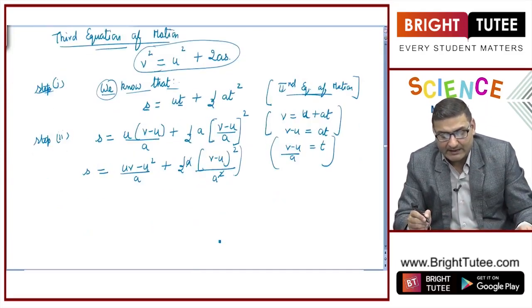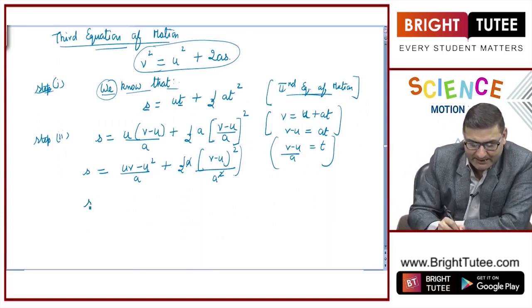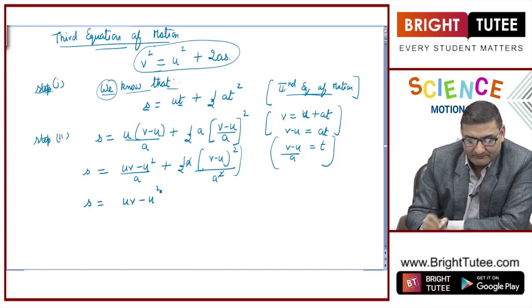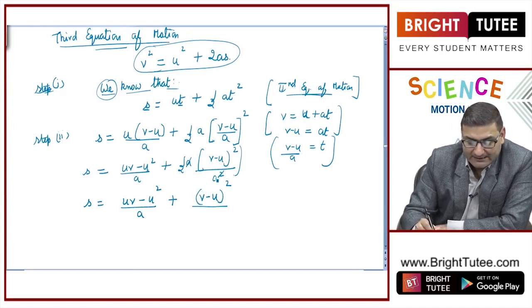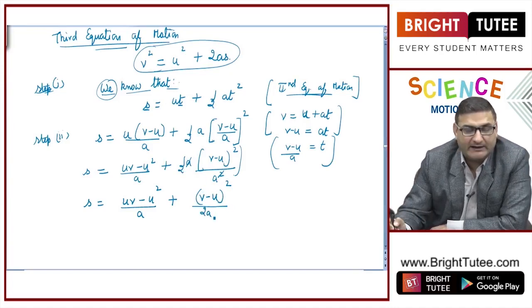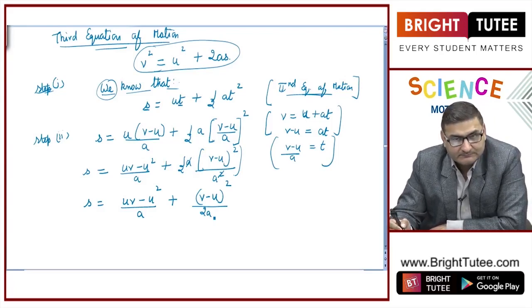Now my equation, it is just simple calculation, you just need to do the calculation, it is quite easy. (uv minus u square) upon a, plus, in the numerator I am left with (v minus u) whole square, divided by 2 into 1a still left, so I will write 2a. Got it? Fine.